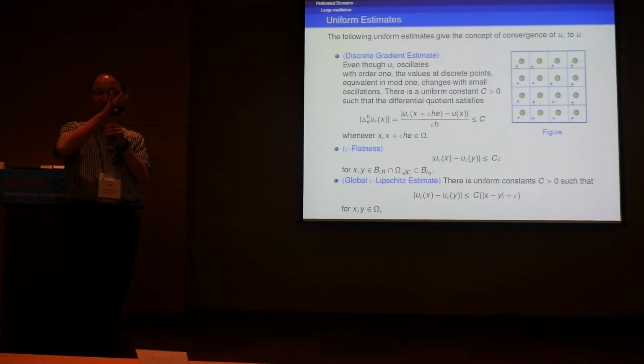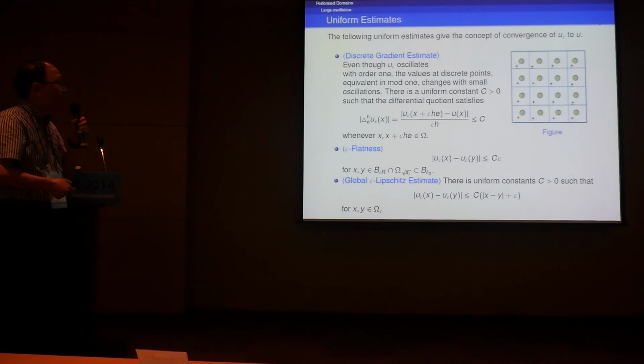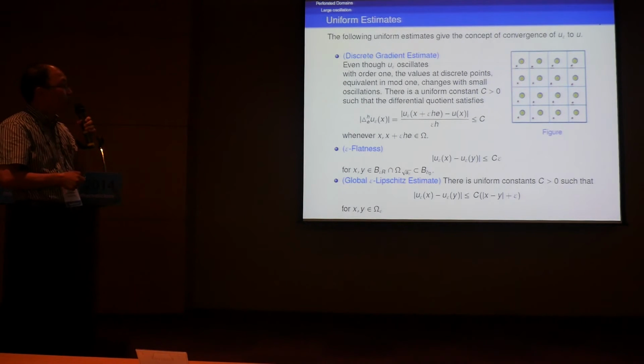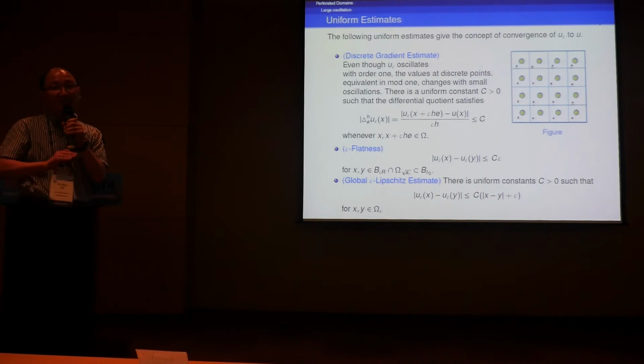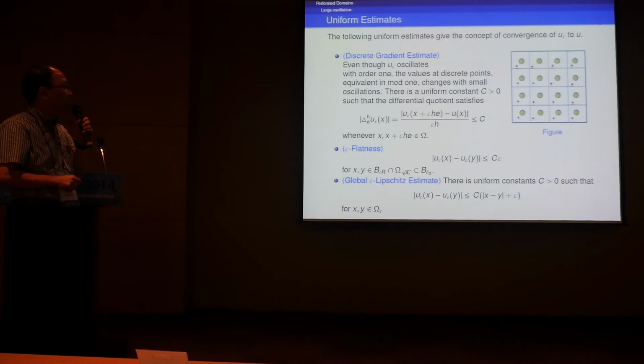If you choose a periodic point, then the values near the obstacle are very high and here it is low. On the other hand, if you look at the values at the red dot, a periodic point, then they are pretty similar to each other. And that will give us a discrete gradient estimate.